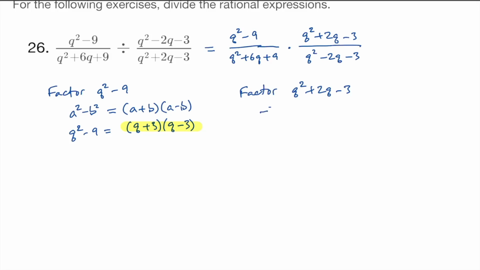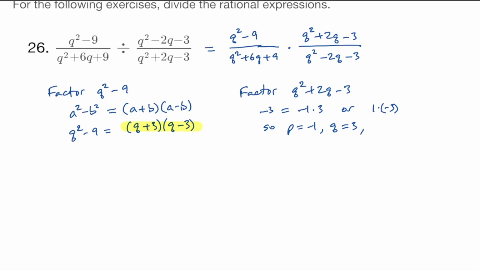So minus 3 is equal to minus 1 times 3, or it's equal to 1 times minus 3. All right, we have a plus 2q, so we can say p is minus 1 and q is 3. When we add those together, we'll get a plus 2.